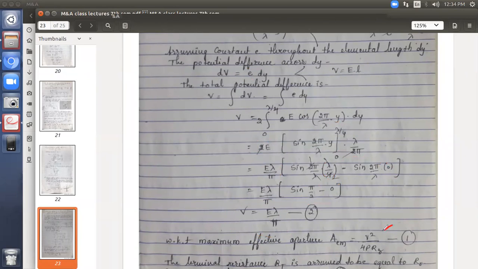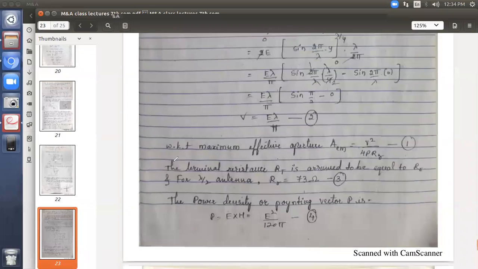Then we have this already. In this V we have just now calculated. Now we should go for P and RR, two unknowns. So for terminal resistance, as I told you, we have to assume that RT and RR both are equal and there is no loss. So with that, RT is equal to RR, and RR value for a lambda by 2 antenna is 73 ohm.